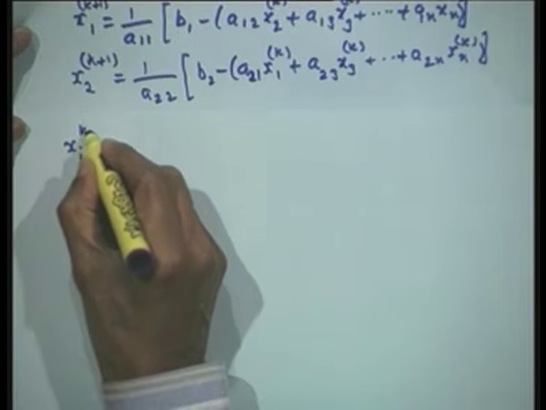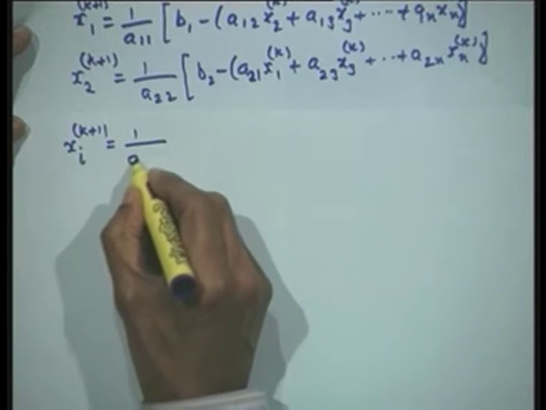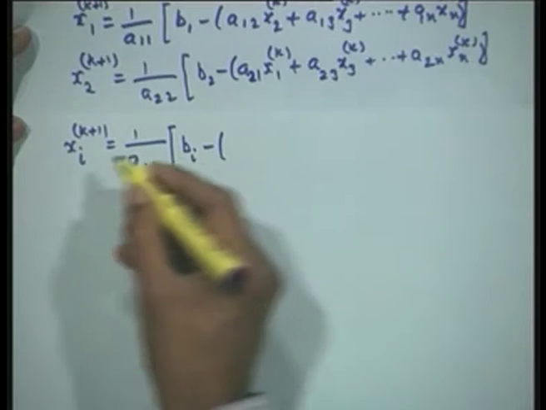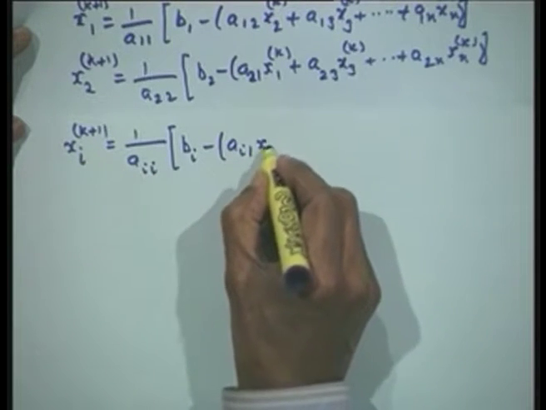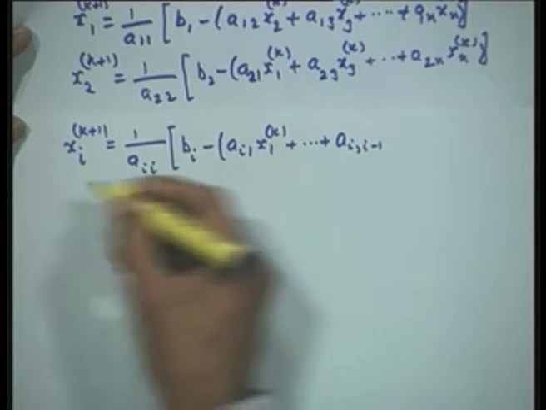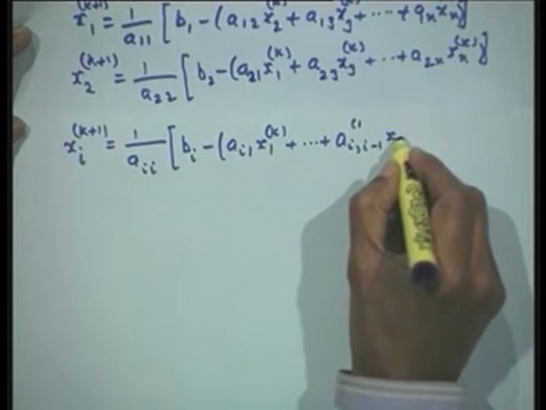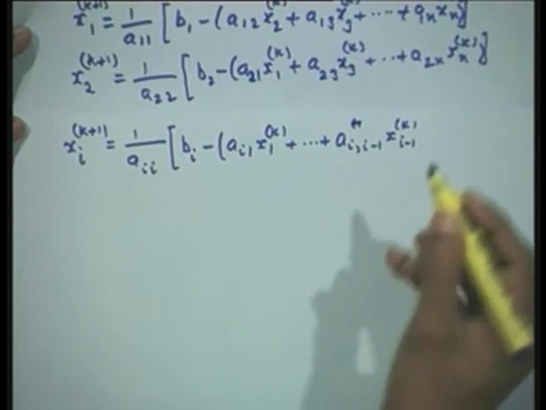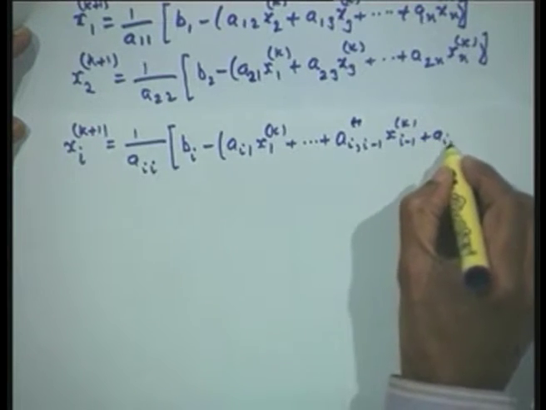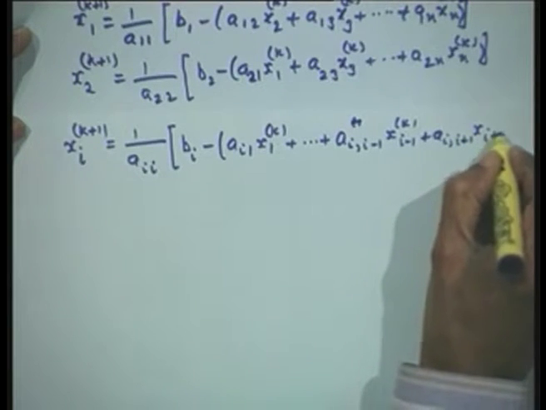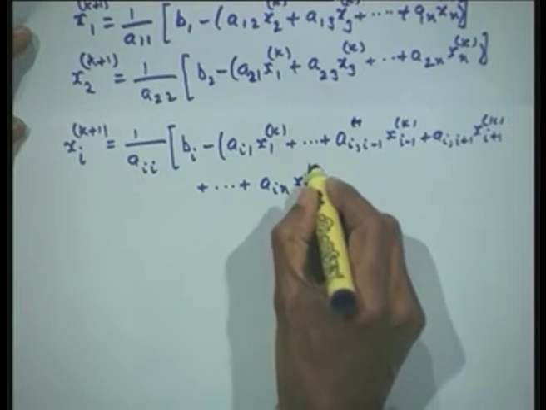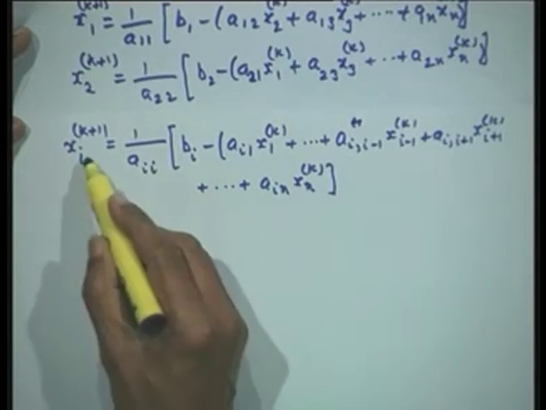The current iterate is xi^(k+1) = 1/aii (bi - ai1 x1^(k) - ... - a_{i,i-1} x_{i-1}^(k) - a_{i,i+1} x_{i+1}^(k) - ... - ain xn^(k)). This is the term corresponding to xi that is missed here.